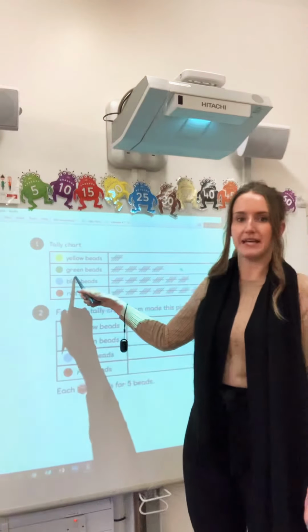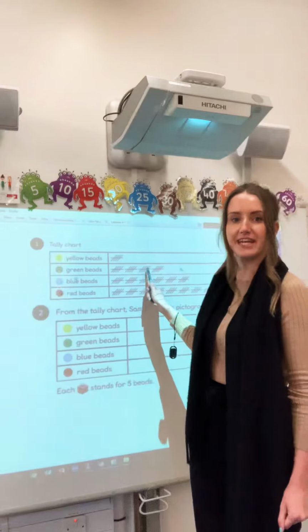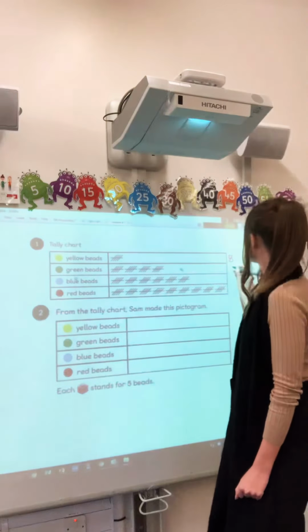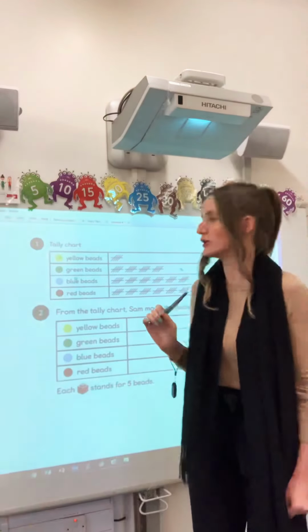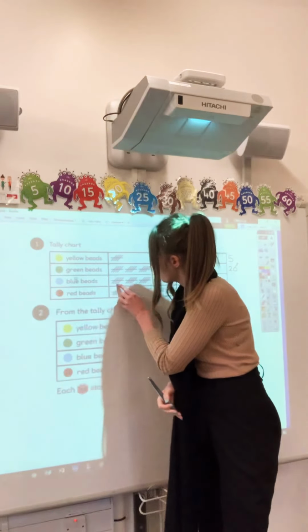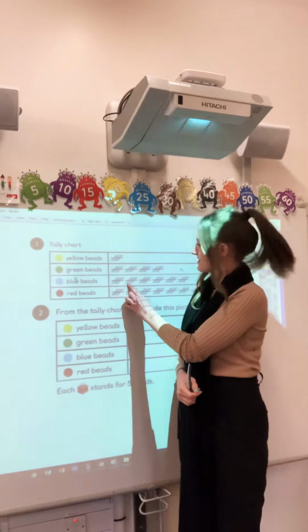Right, green beads. 5, 10, 15, 20. 20 green beads. Blue beads. 1, 2, 3, 4, 5, 6, 7. Do I do that? No, I don't count each individual line. I'll be here all day.